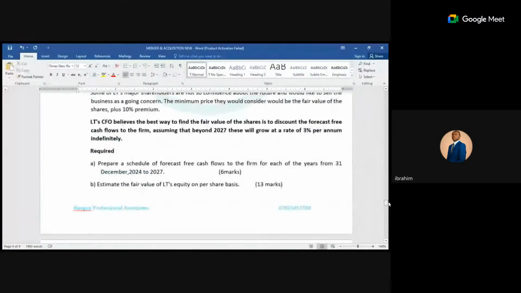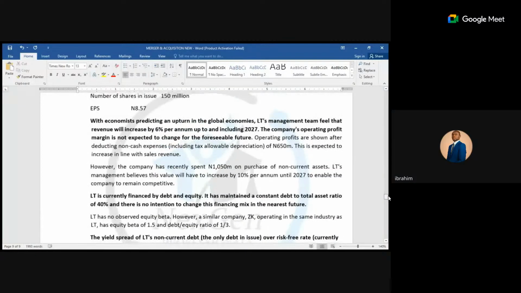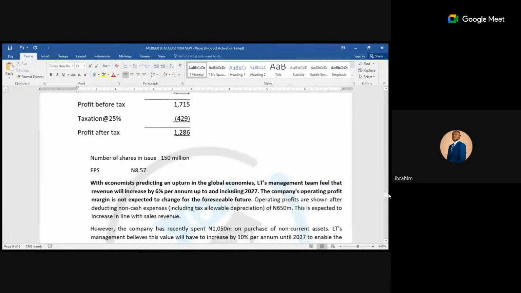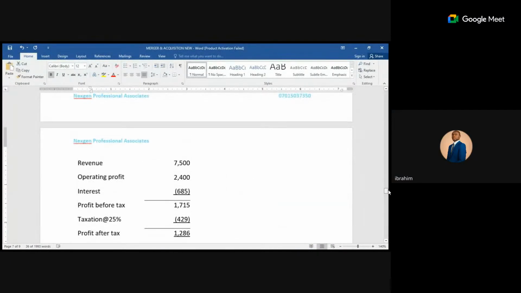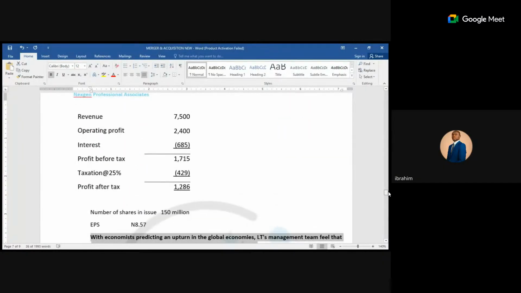But because it is a forecast, we have to forecast our revenue based on the information given to us, that the revenue will grow by 6%, including 2027. And the revenue is 7,500. Ideally, if it is for only 1 year, we would just say profit after tax. We'll start from here. But because it is a forecast.